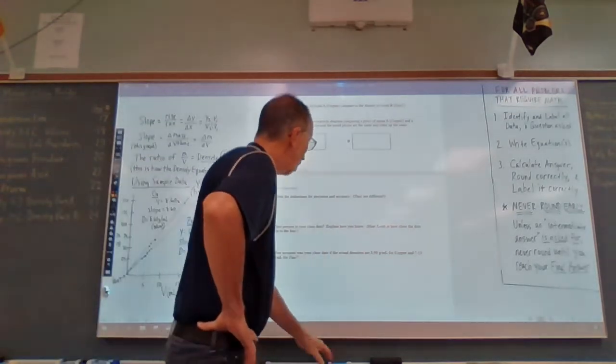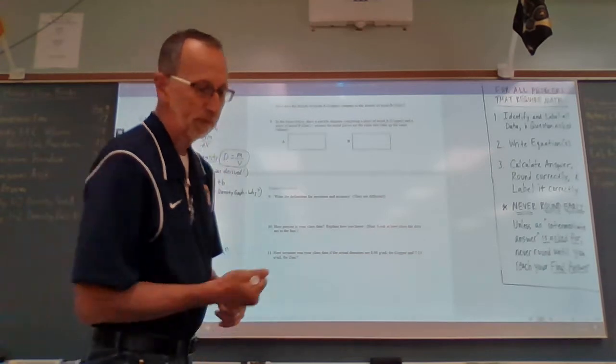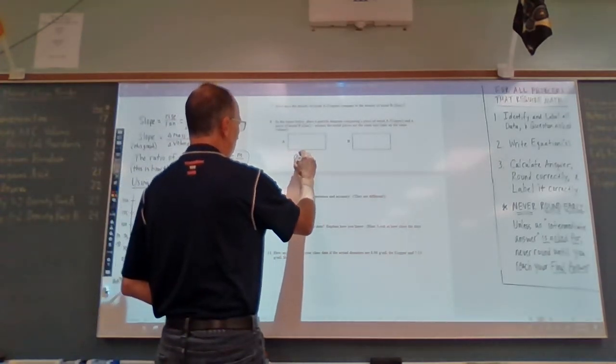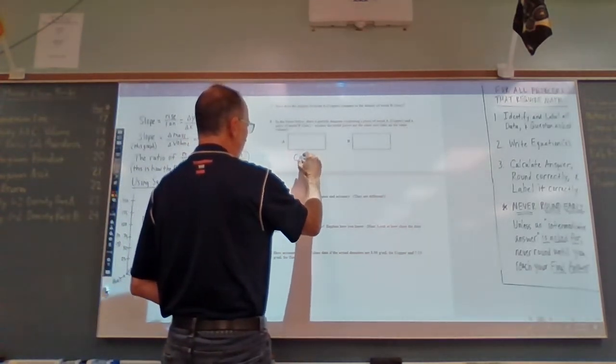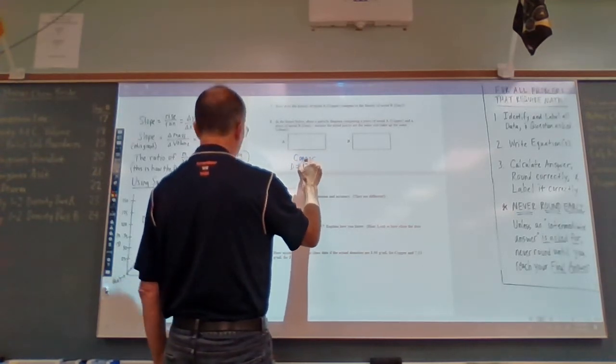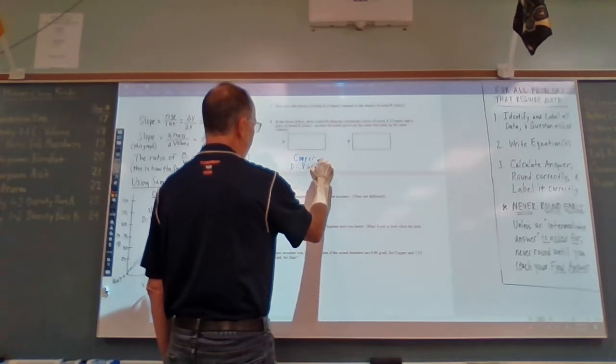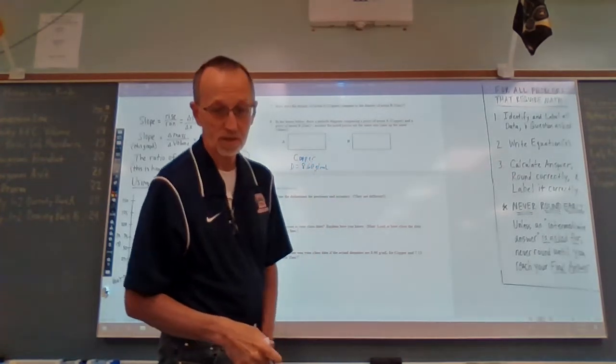Remember, copper has a density of 8.60 grams per mL or grams per centimeter cube.